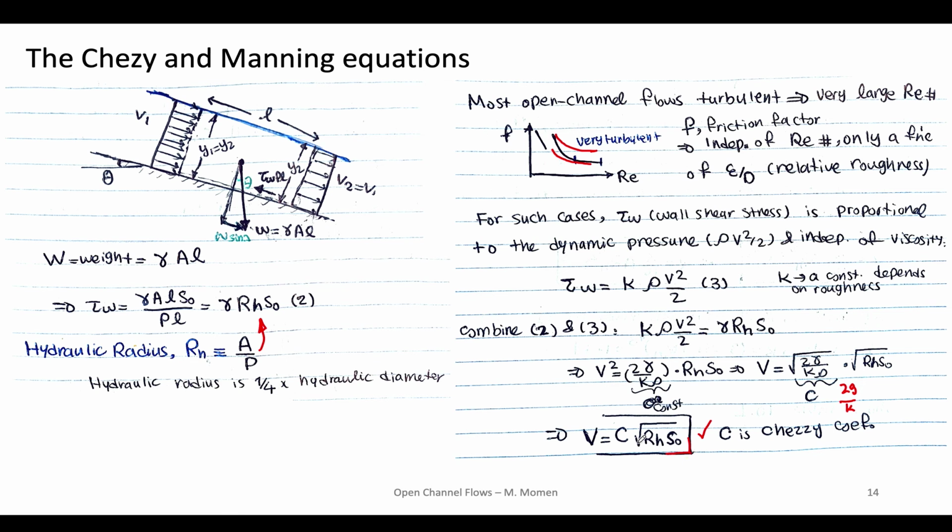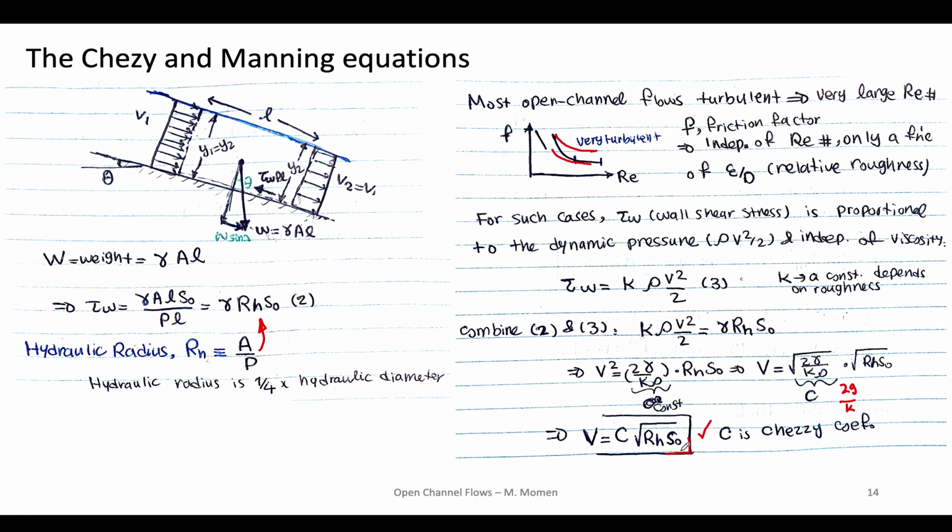So for uniform flows, for open channel flows, we can find their velocity very simply by only knowing the roughness of the channel, which will give us this Chezy coefficient, the hydraulic radius, which is the area of your channel over the wetted perimeter, and also S naught, the slope of the channel.